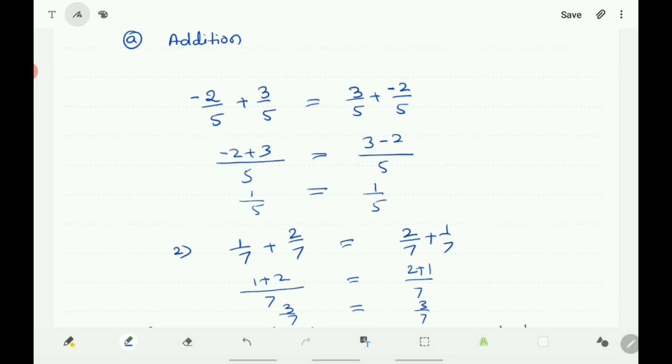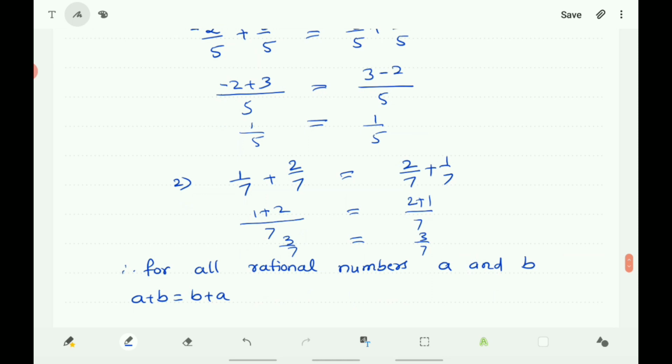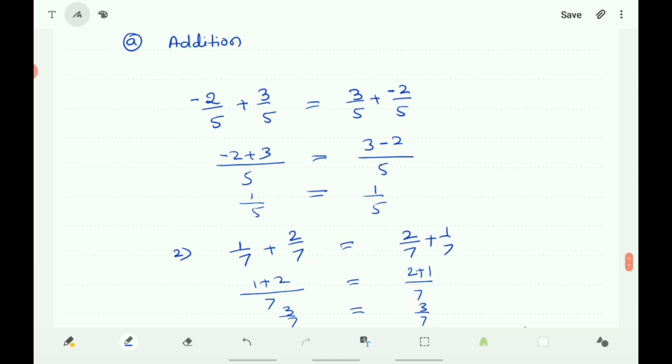Therefore, you can say that 1 by 7 plus 2 by 7 is equal to 2 by 7 plus 1 by 7. So, you can verify that and you can conclude that here the addition is commutative because for all rational numbers a and b, a plus b is equal to b plus a. Therefore, addition is commutative for rational numbers.